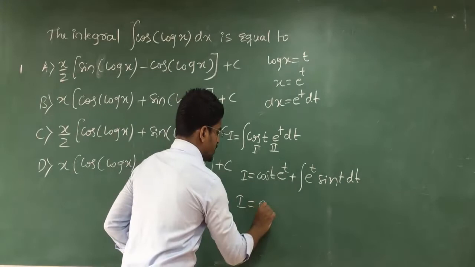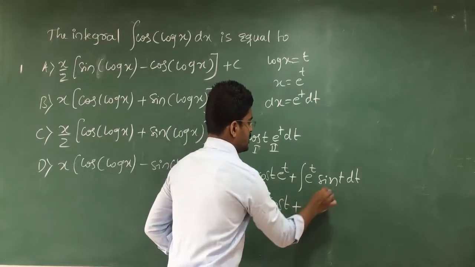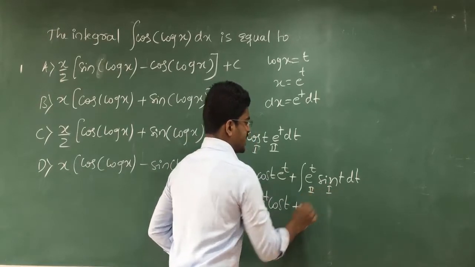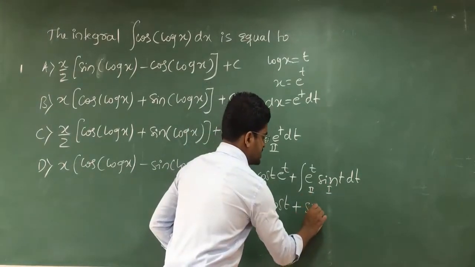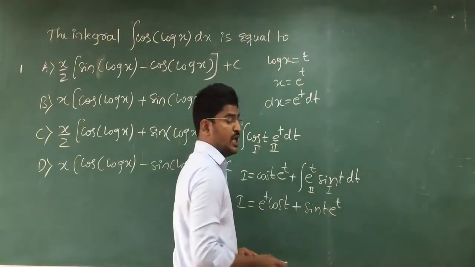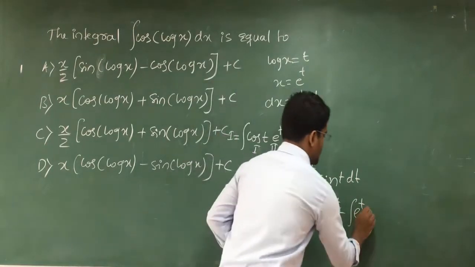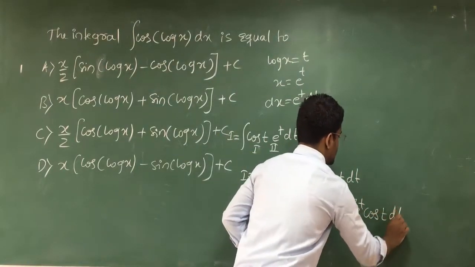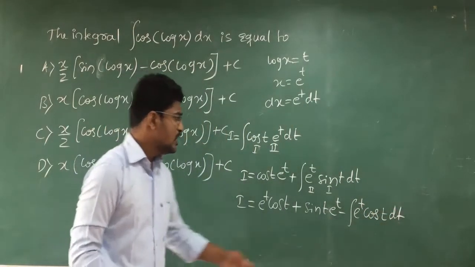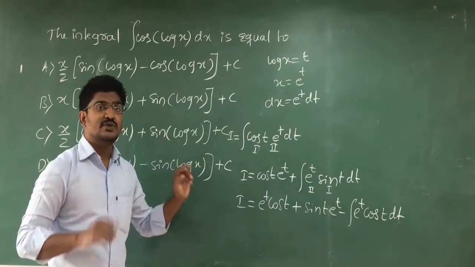I will be equal to e to the power of t into cos t plus, again this is the first term, this is the second term, first term as it is, second term I have to integrate, this is e to the power of t, again minus integration of e to the power of t, differentiation of sin is cos t dt. Clear? Very simple rule. See here, this is nothing but I. If I take that I on this side, it will be 2I.